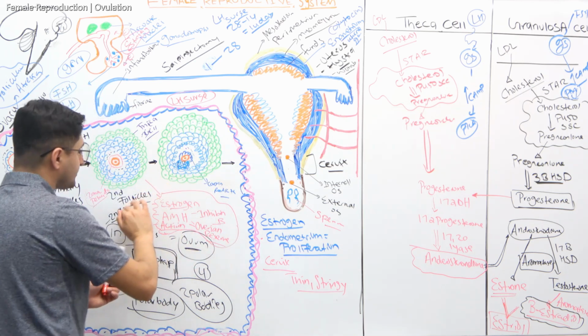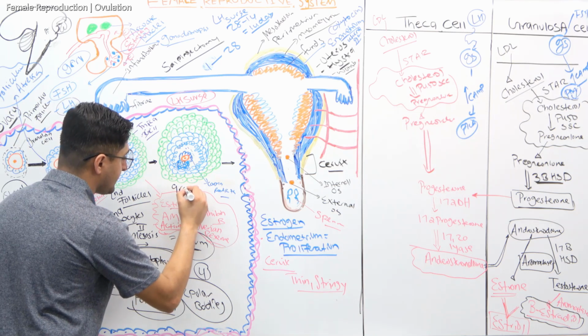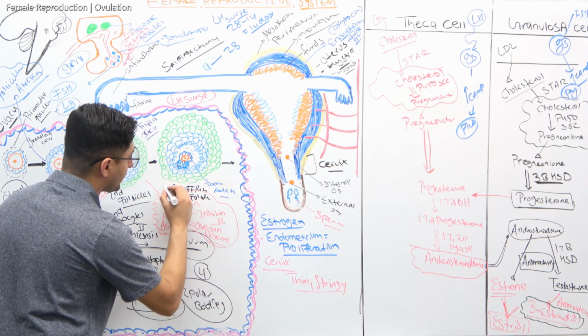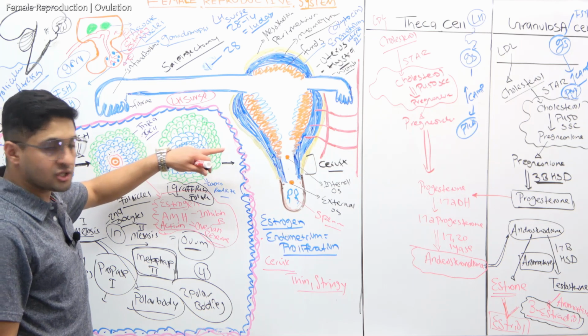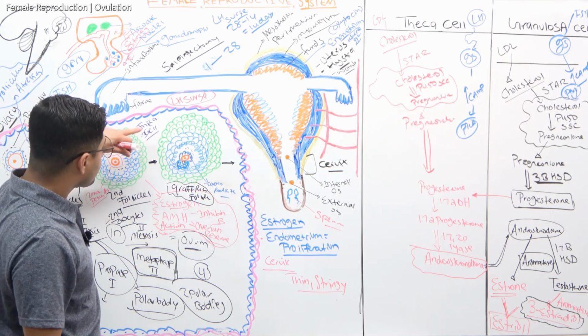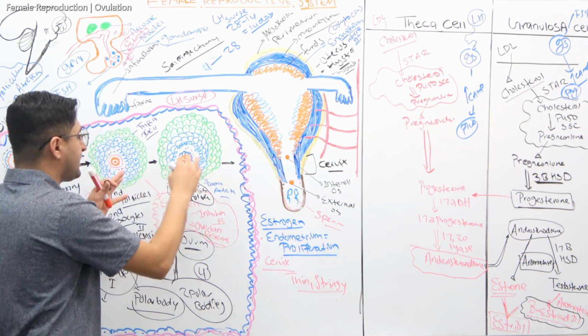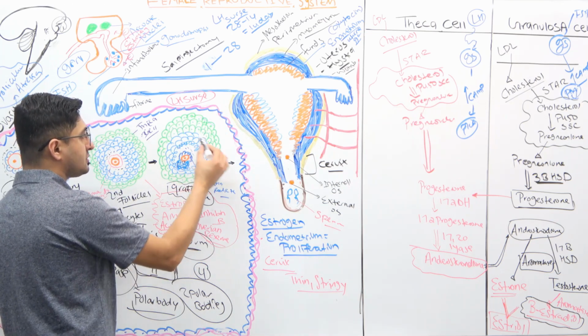And the secondary follicle becomes the mature follicle or Graafian follicle, okay? This is called the Graafian follicle. And these Graafian follicles are the ones that, because of the LH hormone, are stimulated, and again, this is going to get bigger, and they're going to expand, and then what is going to happen is that they'll get ruptured.